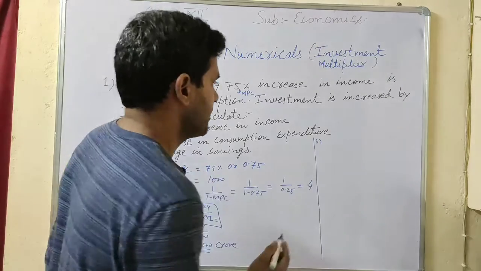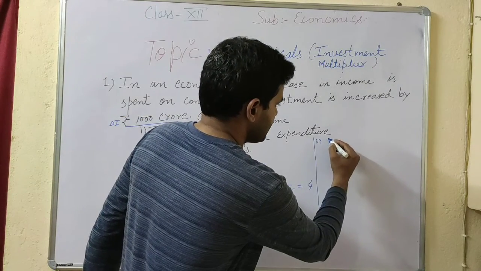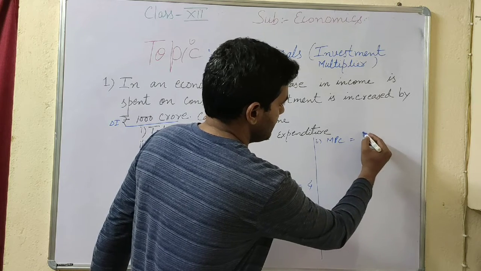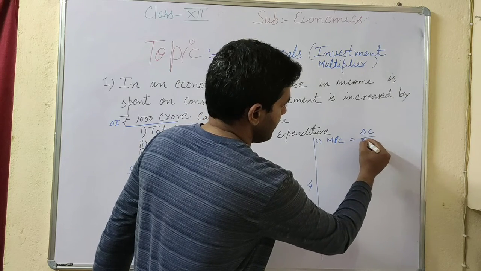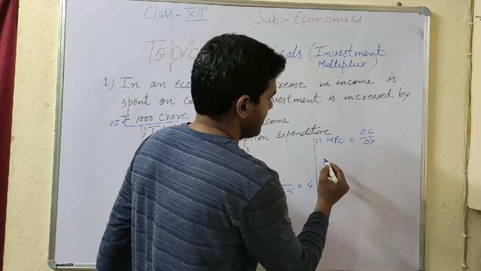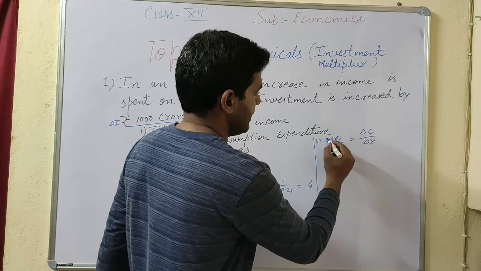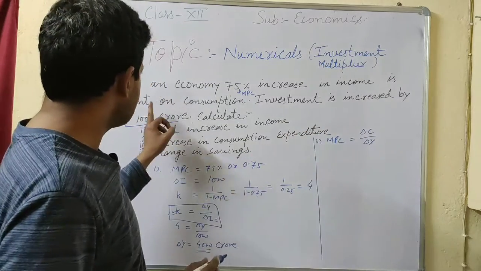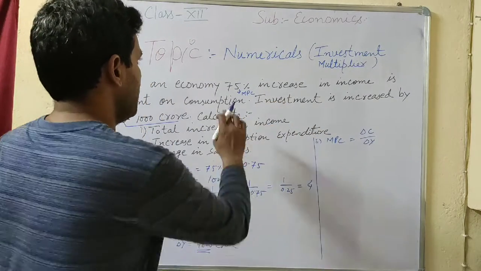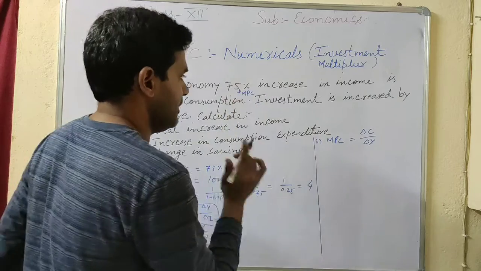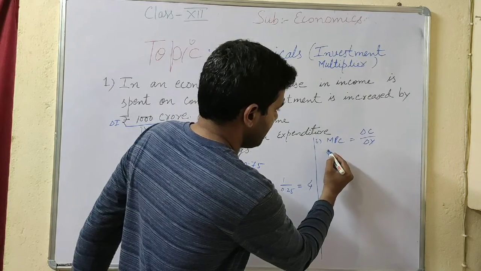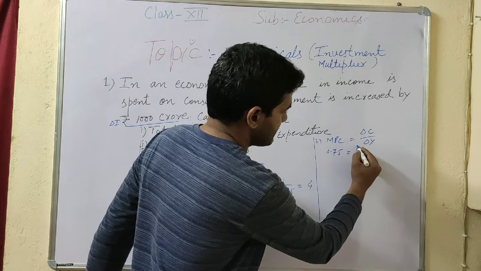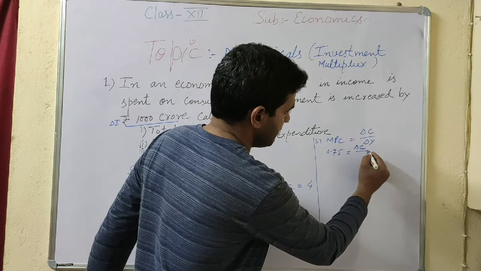Delta C. So we know that MPC is equal to delta C over delta Y. This is the formula for getting MPC, and MPC is given in the question, which is 75% or 0.75. So we put the value of MPC over here: 0.75 is equal to delta C, which we are going to calculate, over delta Y.